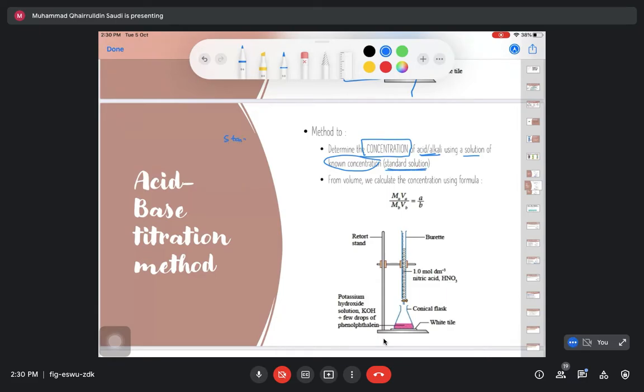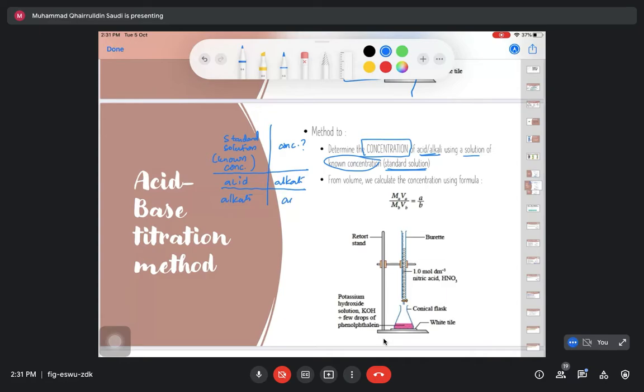So let's say our standard solution is our acid, so we want to find the concentration of alkali. If our known solution is alkali, we will find the concentration of acid.